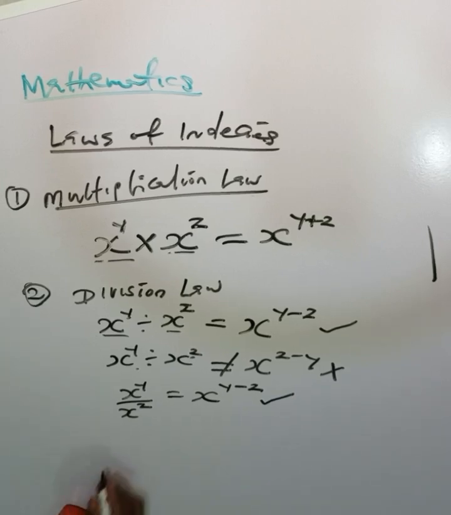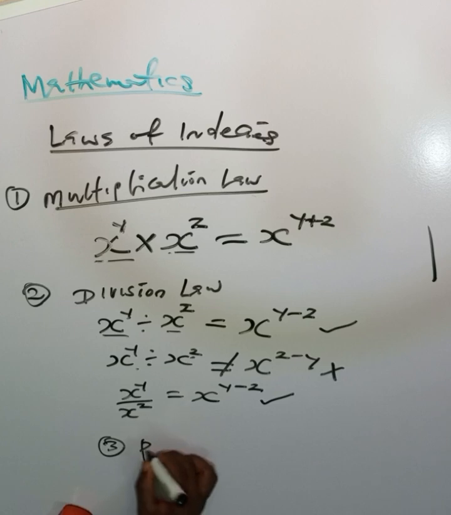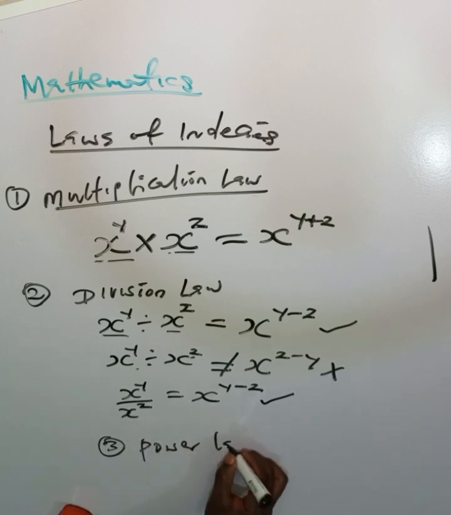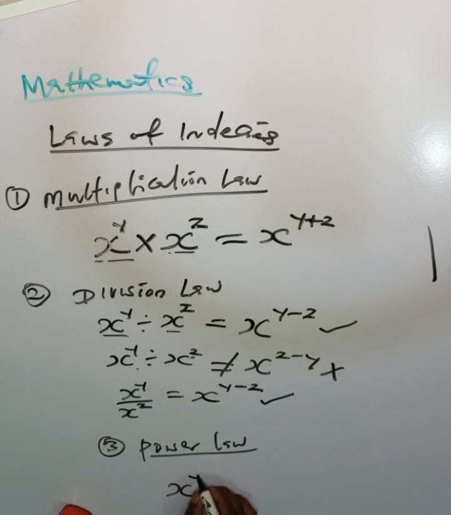The next law is the power law. In power law, when we have two powers, the powers multiply. For example, if I have x raised to power y, all raised to power z, there are two powers here. y is a power, z is a power.